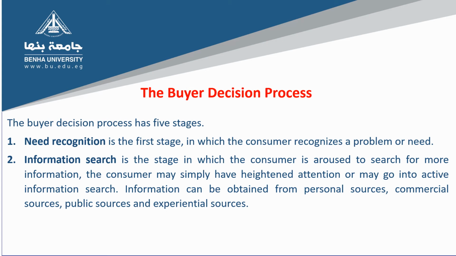Now, the buyer decision process. The buyer decision process has 5 stages. First, need recognition is the first stage, in which the consumer recognizes a problem or need. Second, information search is the stage in which the consumer is aroused to search for more information.